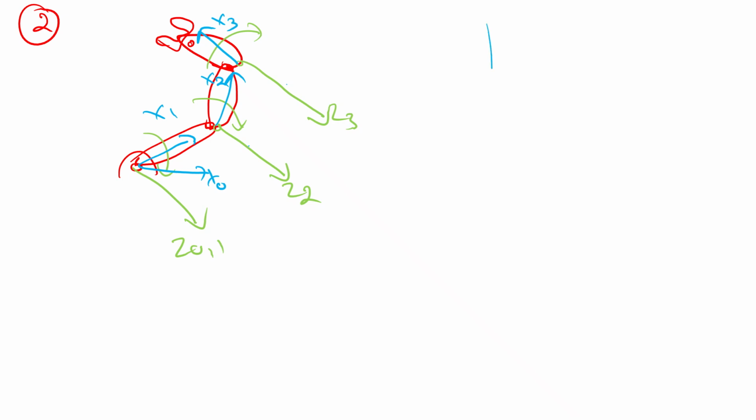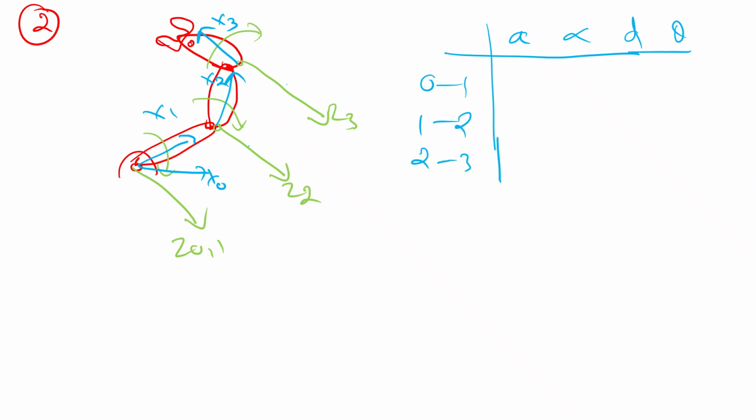So now we'll do the DH table. The DH table is a, alpha, d, theta, for 0 to 1, 1 to 2, 2 to 3. For this you have to consider Z, and for this you have to consider X. For Z0 and Z1, both are the same point, so the distance is 0. The angle between them is also 0. The distance between x0 and x1, they are intersecting, so 0.